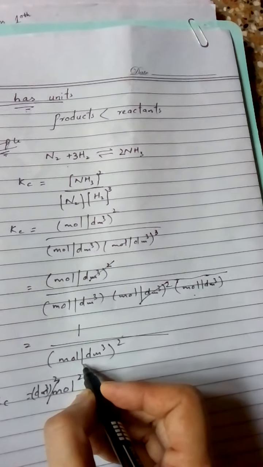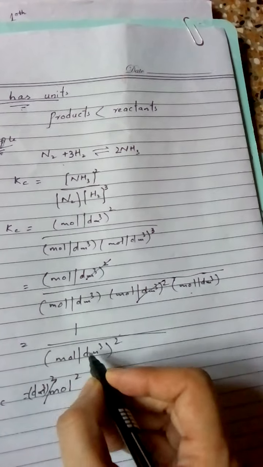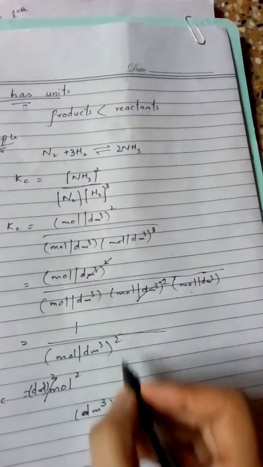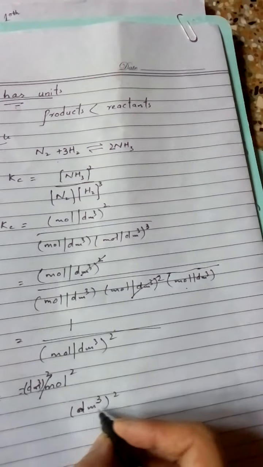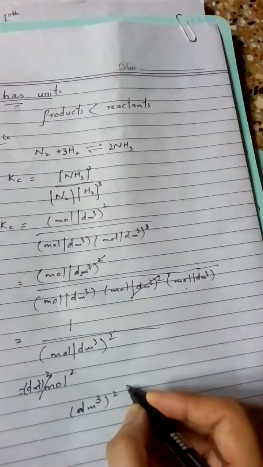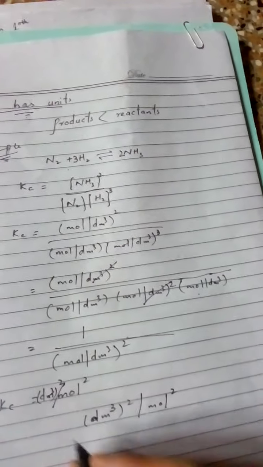Here it is present in inverse, so when we write this mole per decimeter cube whole square in the form of a numerator, we will write decimeter cube whole square per mole square. So Kc has a unit in this case.